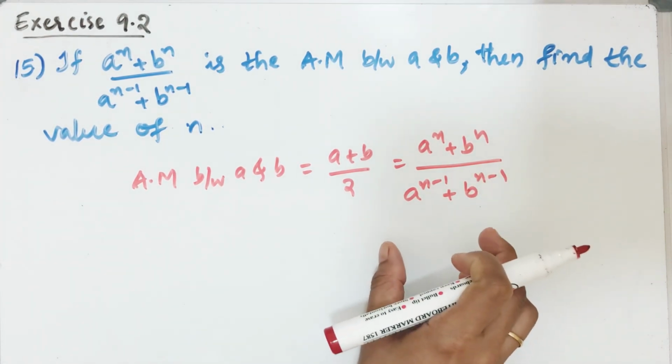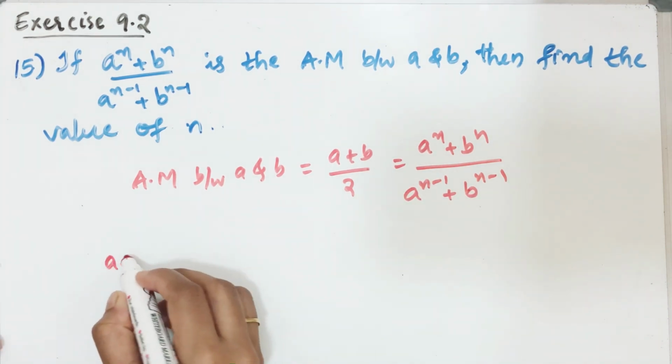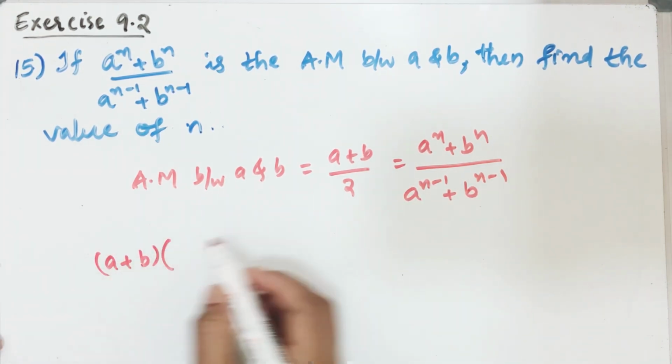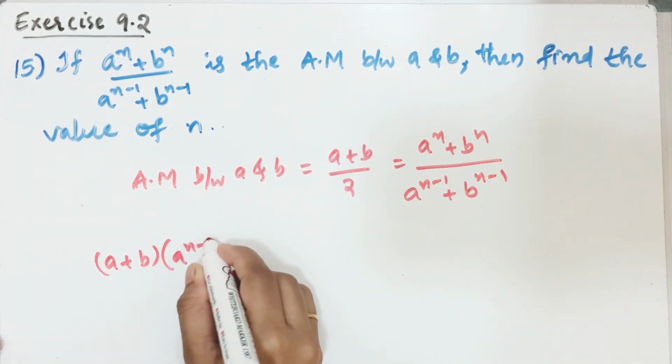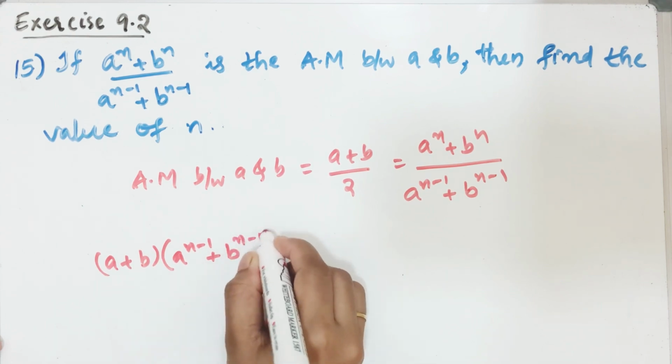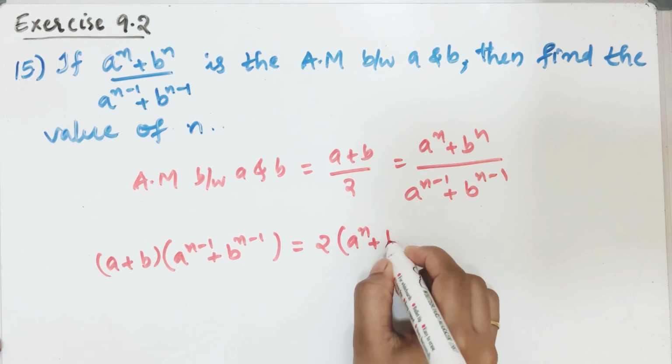From this we can find the value of n. This is equal to a plus b into, get this term to the side and 2 to the side, a raised to n minus 1 plus b raised to n minus 1 is equal to 2 into a raised to n plus b raised to n.